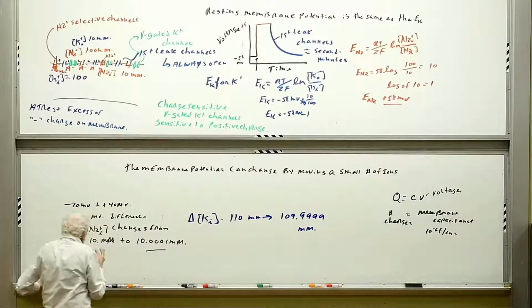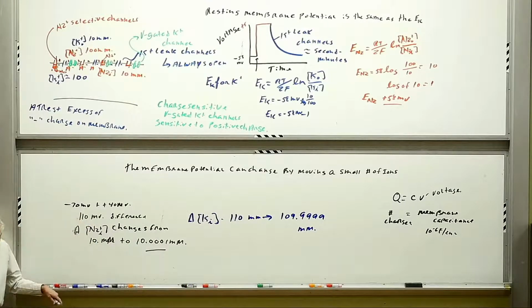Those are just numbers to try to convey to you that we don't have very much of a change in concentration of ions. We can change the electrical signal, we can change the distribution of ions without moving very darn many of them, leaving the concentrations of the ions relatively unchanged.